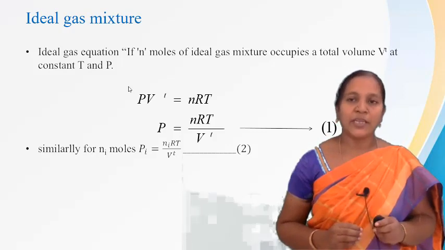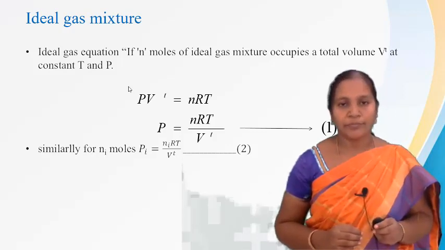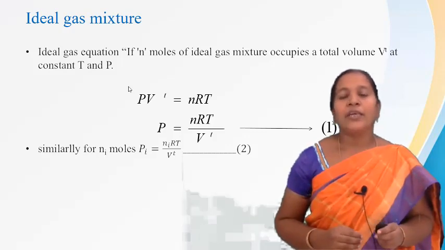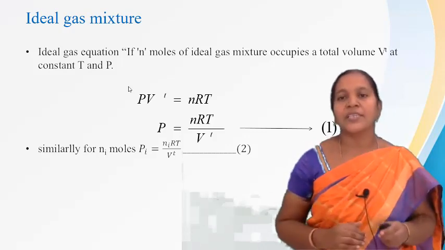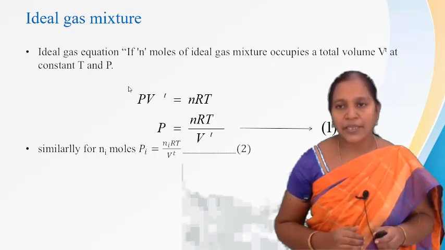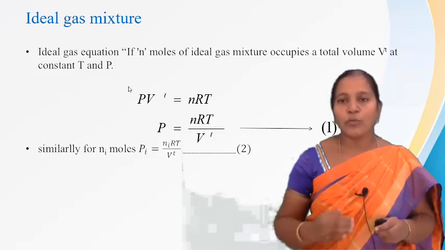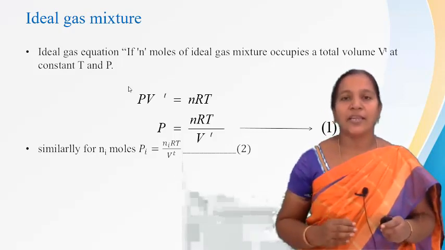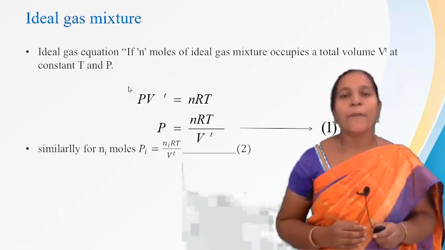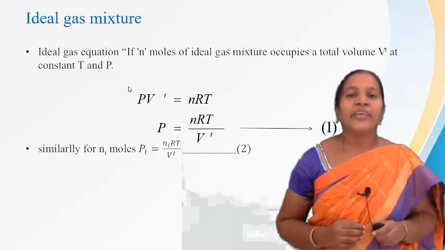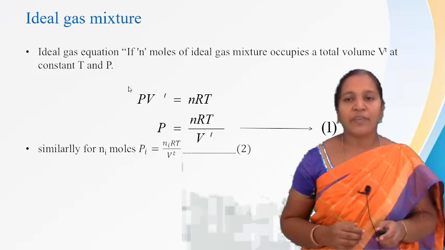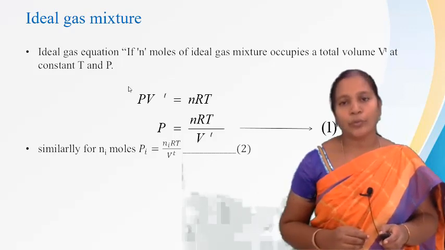Denote with equation 1. Similarly, if Ni moles of species i in this gas mixer occupy the same total volume alone at the same temperature and pressure, Pi is equals to NiRT by Vt. That is denoted with equation 2.